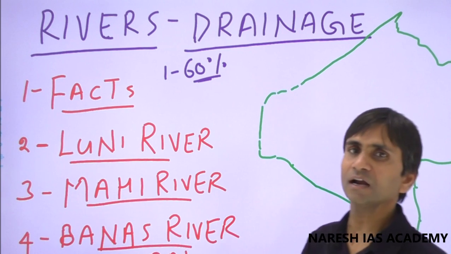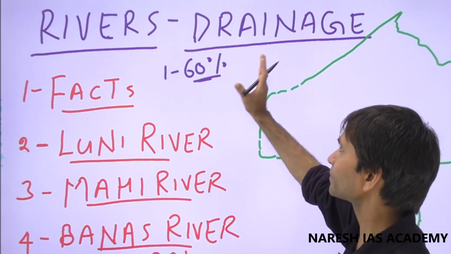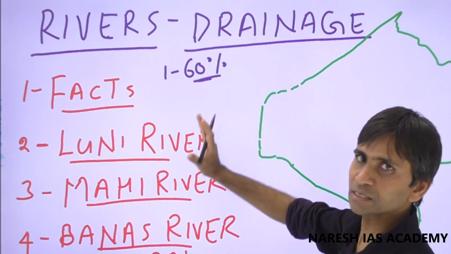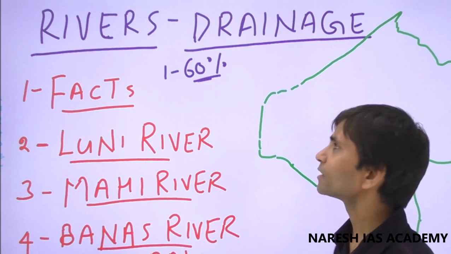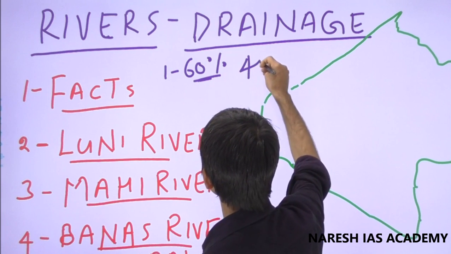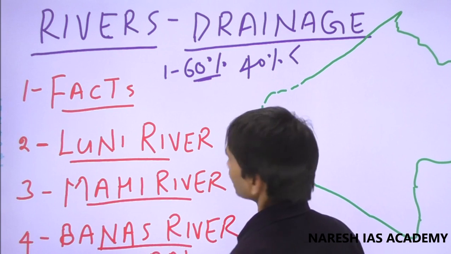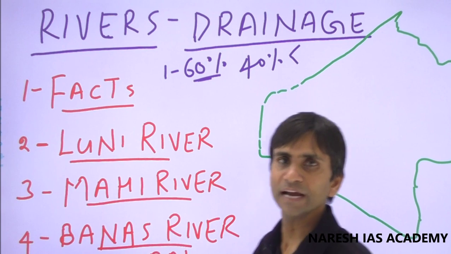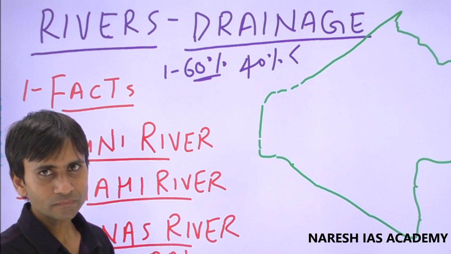So this is the largest portion of drainage system in Rajasthan. 60% rivers end within the boundary of Rajasthan. The remaining 40% drainage pattern is divided into the Arabian Sea and Bay of Bengal drainage system.